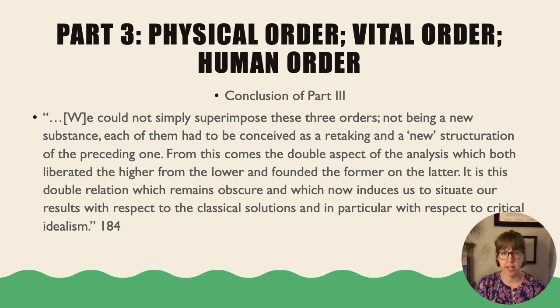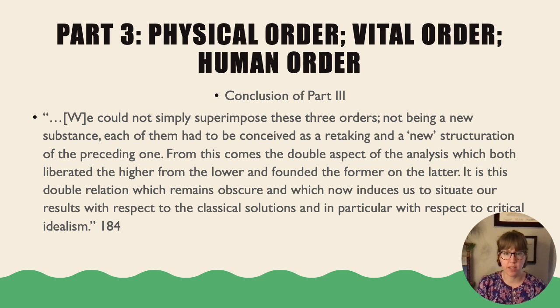Okay, our last slide here, towards the end of the conclusion of part 3, before next time we get into part 4. He says, "We could not simply superimpose these three orders. Not being a new substance, each of them had to be conceived as a retaking and a new structuration of the preceding one." So now he's going to talk about what he will need to move into in the next section of the book in order to complete what he has started to build up here.